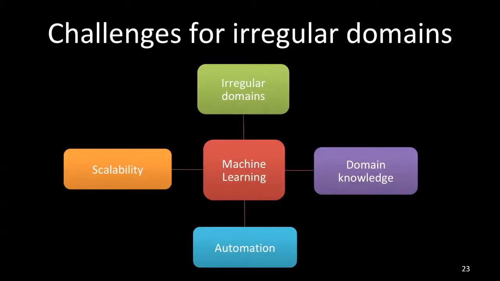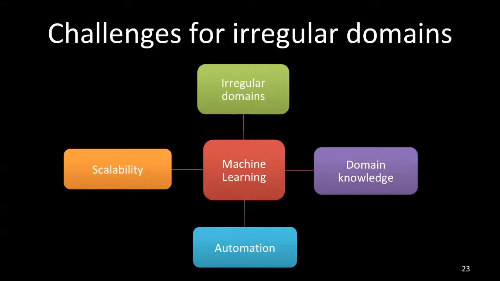So with that, I come to the conclusion. We have a lot of challenges when we deal with irregular domains, and with the number of ADSP applications and the data science proposals that we started getting, we are seeing a lot of these irregular domains going forward.